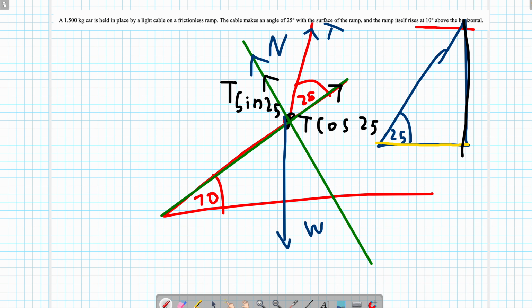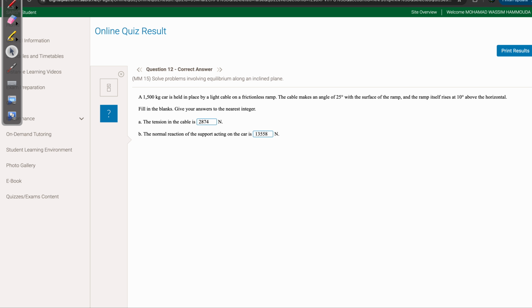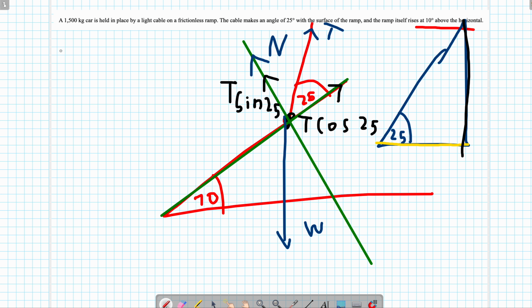Now let's look at the question and what they want. They want the tension and the normal. They want T and N. Oh wait, by the way, I completely forgot to project the weight.